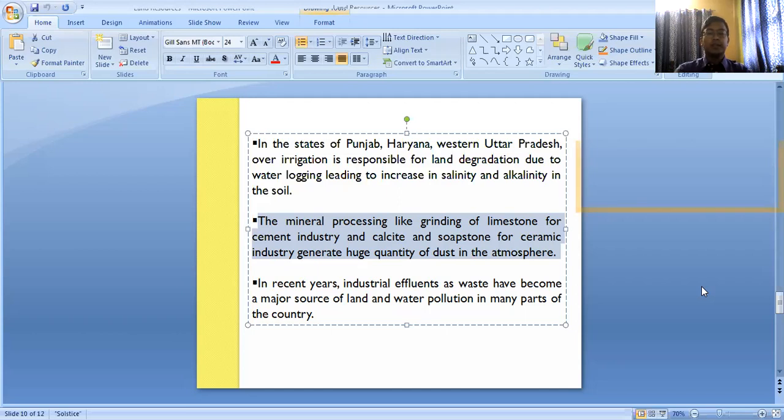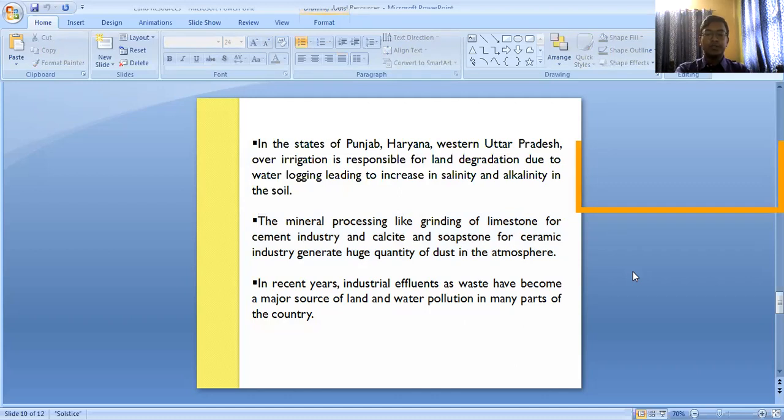So in the cement industry, grinding of limestone, and soapstone and calcite, are also responsible for land degradation. These are the different causes responsible for land degradation in our country. Not only our country, but these factors are also responsible for land degradation in many other countries of the world.